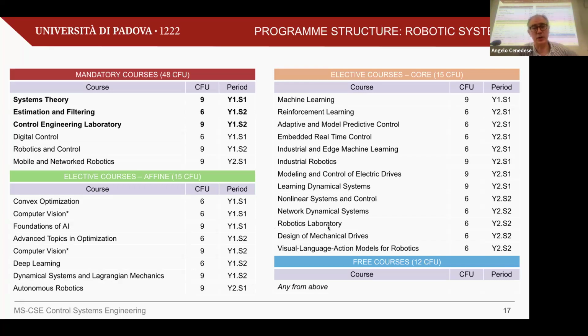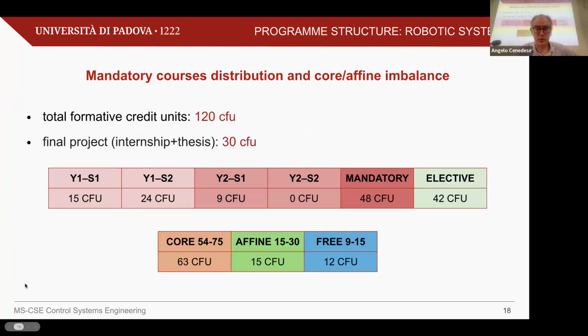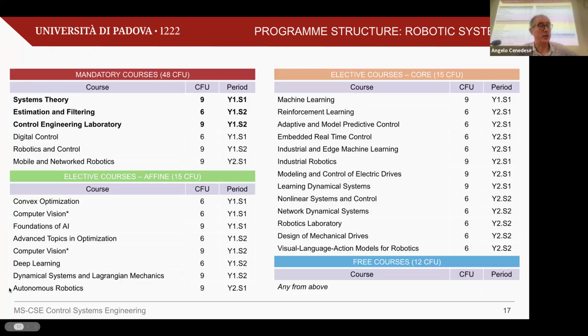We have a robotics laboratory here. We have the visual language action model for robotics. We have autonomous robotics. We recommend that you take one course in computer vision. Visual sensors are the most powerful sensors that we have in robotics.